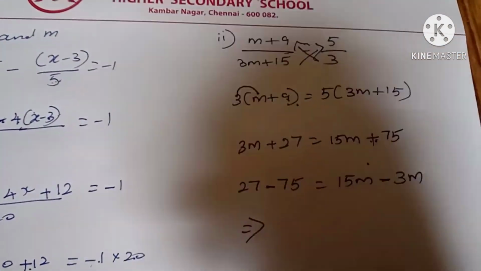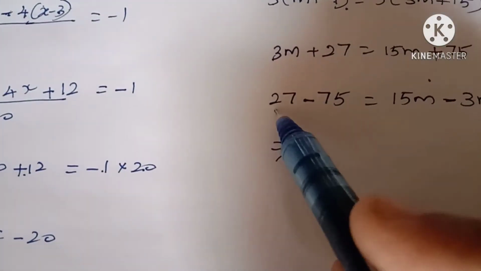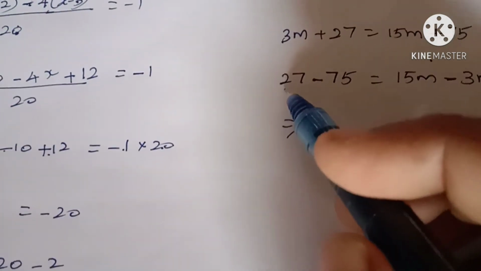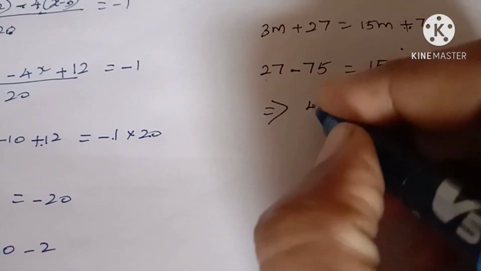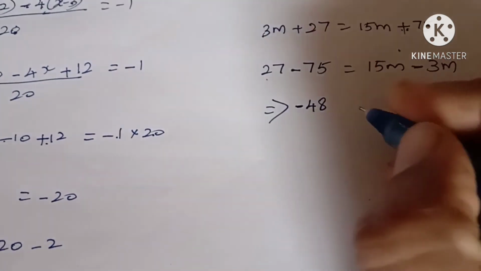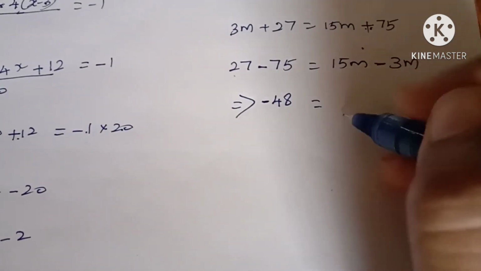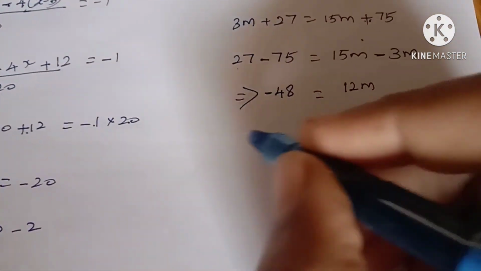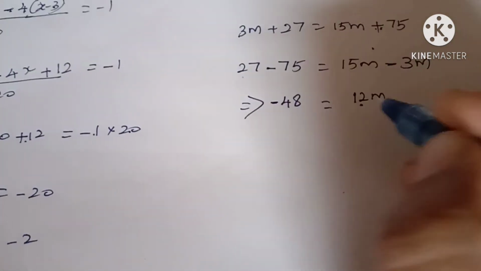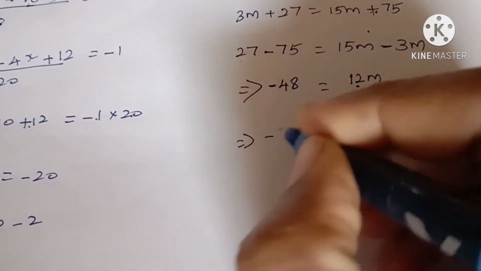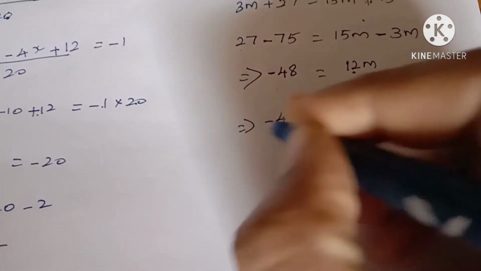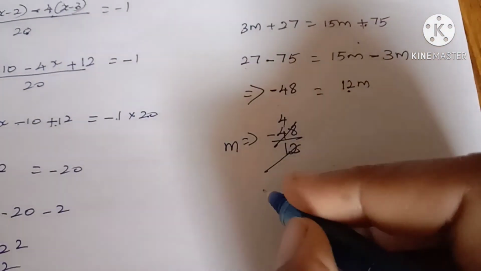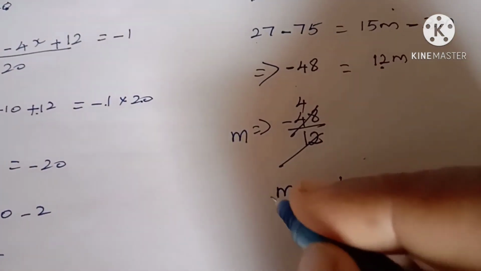Therefore, here plus and minus is minus. Therefore 75 minus 27 is 48 and the greater number sign is minus. 15m minus 3m is equal to 12m, and if you bring this 12 to your left hand side, minus 48 by 12, m is equal to minus 48 by 12, in 12 table 4 times, therefore m is equal to minus 4.